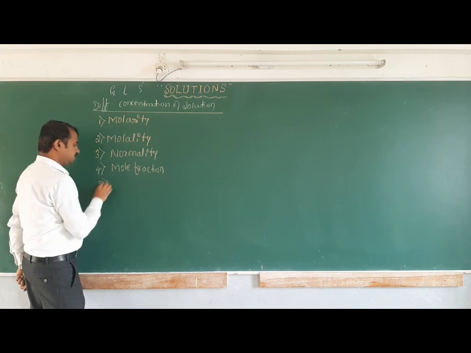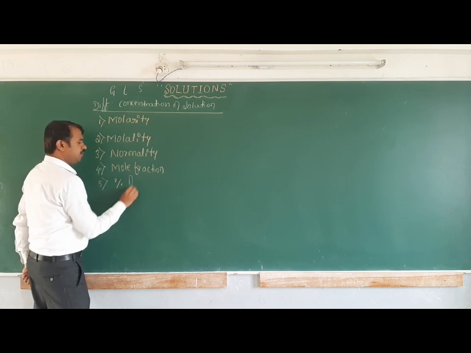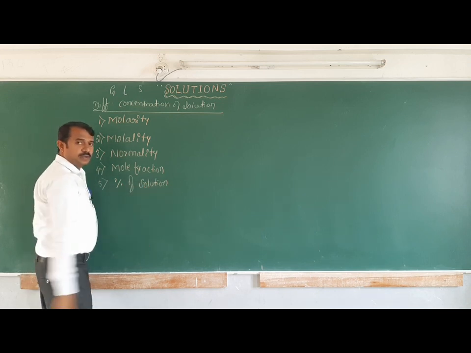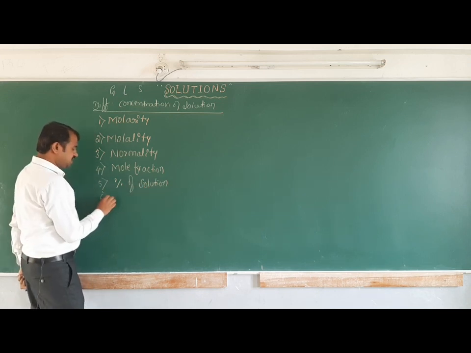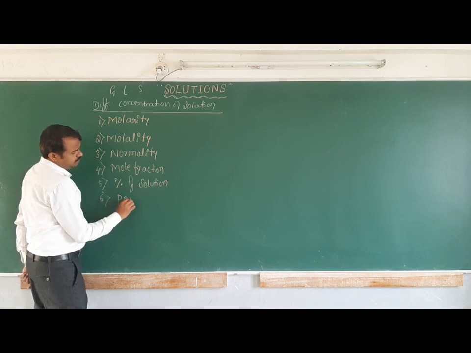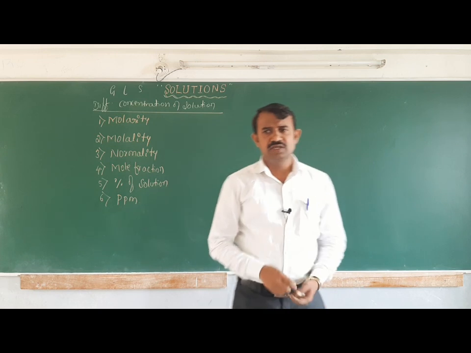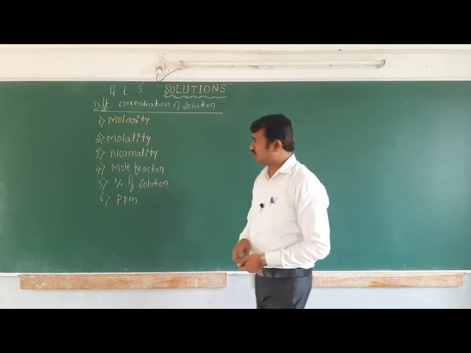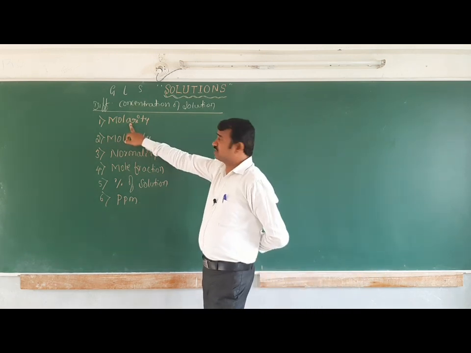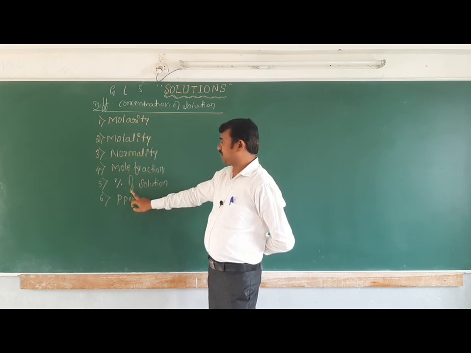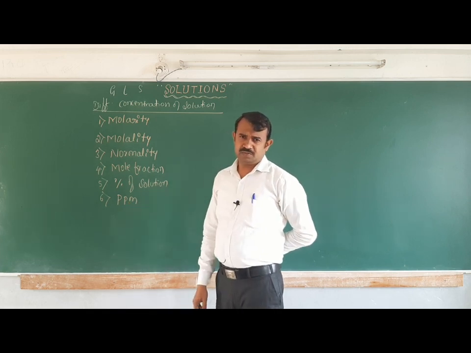Fifth one, percentage of solution. Sixth one, parts per million. Okay, these are the different types of concentration of solution: molarity, molality, normality, mole fraction, percentage of solution, parts per million.